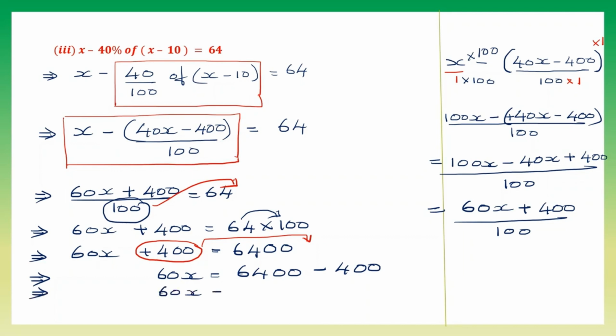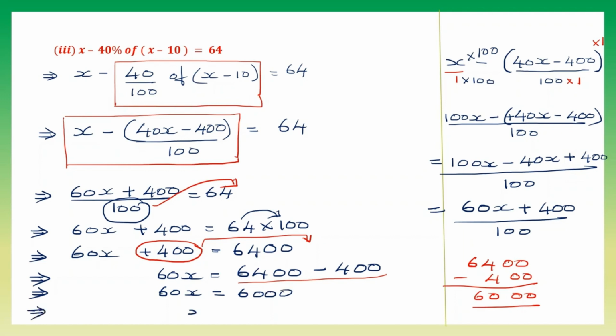So now 60x will be equal to 6400 minus 400. So I've got 6000 here. So 60x is equal to 6000. How much will x be? x will be equal to 6000 divided by 60.